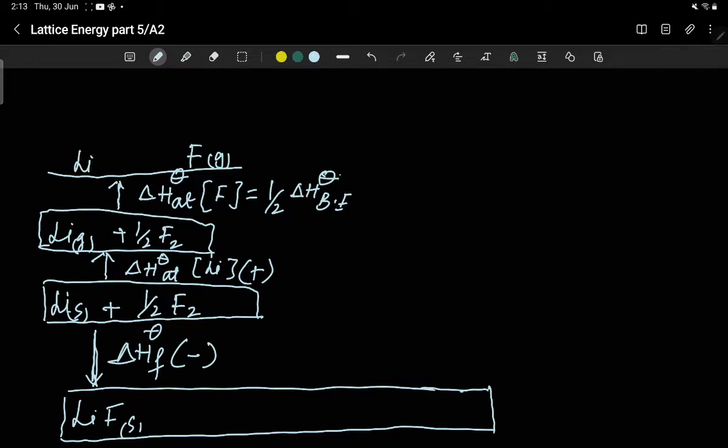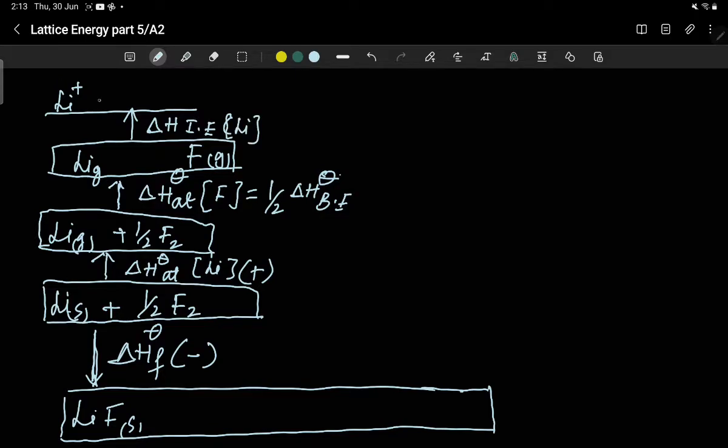Lithium, also a gaseous atom. Next is lithium changing into lithium ion, and it involves delta H ionization, first ionization energy of lithium. Signs are very important, state symbols are very important.